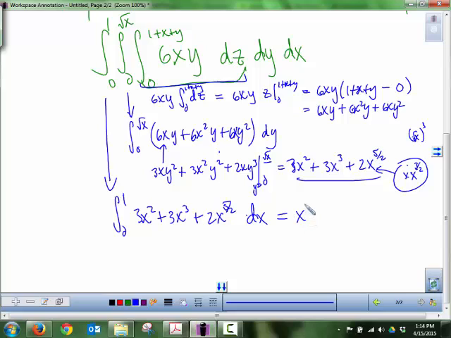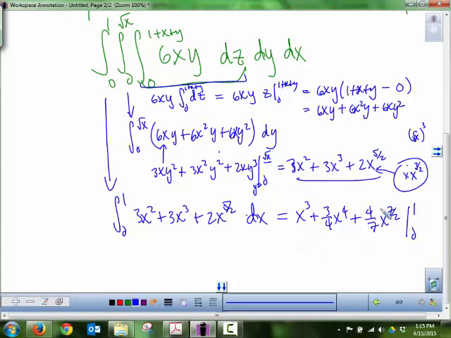X cubed, 3/4 x to the 4th, and add 1, so that's 7/2, so that's 4 over 7, x to the 7/2. And then you put 1 in and you're done.